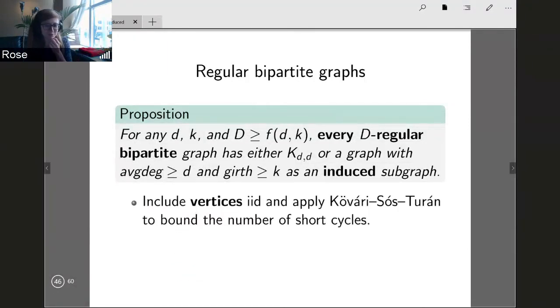The proof is pretty easy, but also really pretty, so I want to go through it. The idea is that instead of including edges independently at random, we include vertices independently at random. And the Kővári–Sós–Turán theorem on the maximum number of edges in a K_{d,d}-free bipartite graph is exactly what makes this proof work.